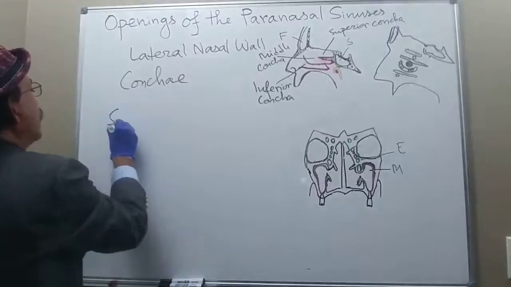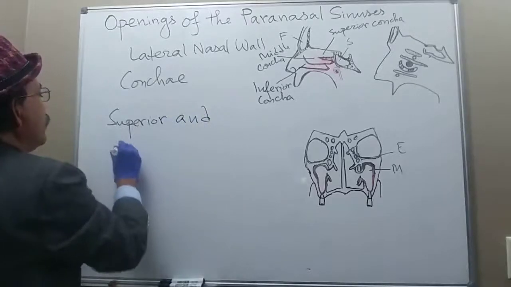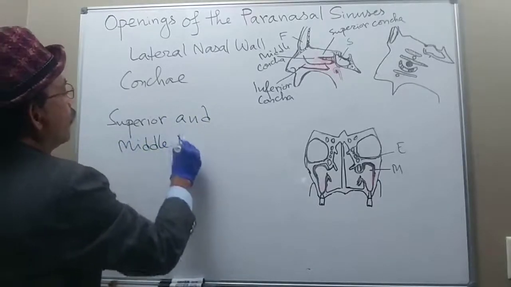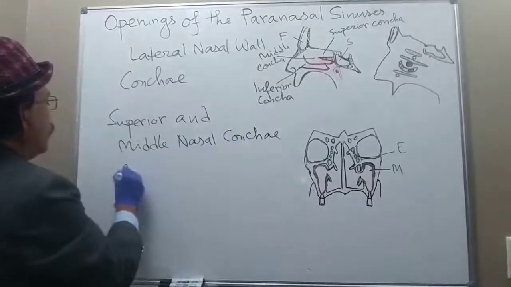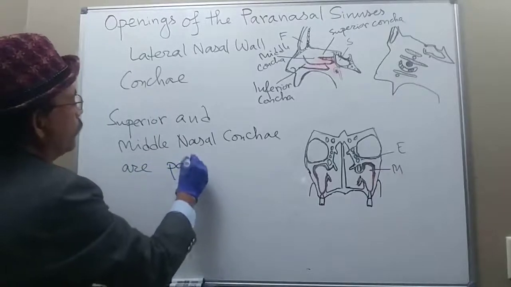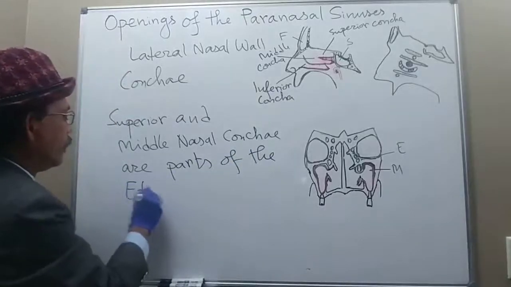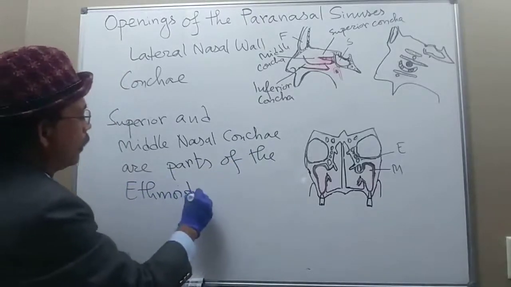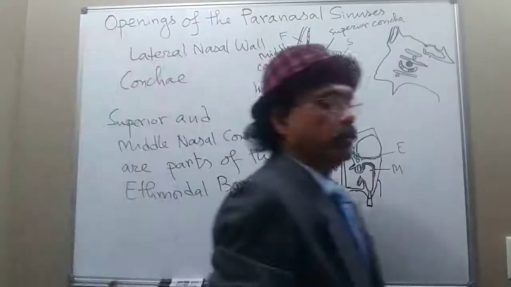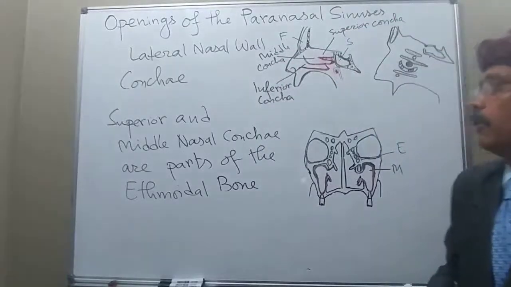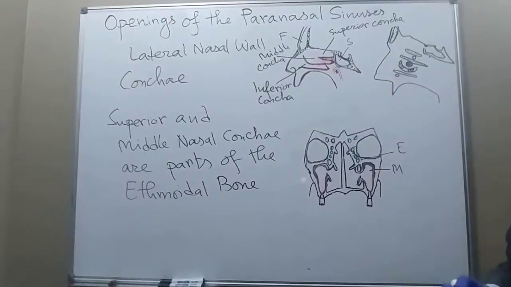The superior and middle nasal concha are parts of the ethmoidal bone, the ethmoidal labyrinth.